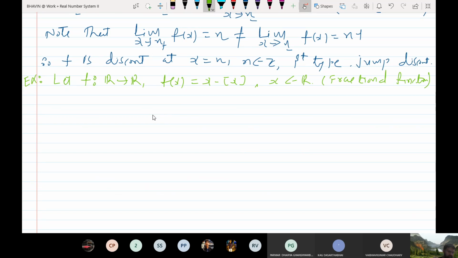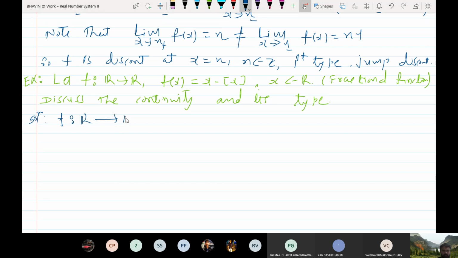Discuss the continuity and its type. So the definition is this. This is also a very important function.